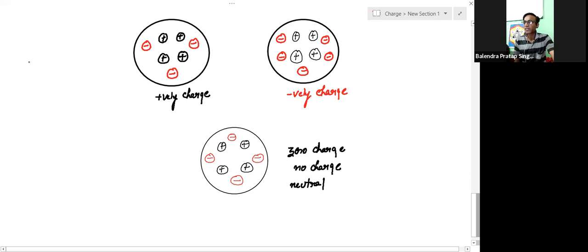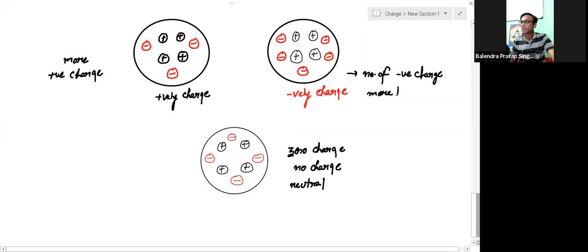So if a body has more positive charge than negative, then it's positively charged, like this example. And if the number of negative charges is more than positive charges, then this body is negatively charged.